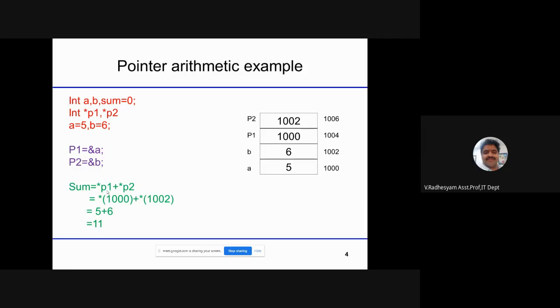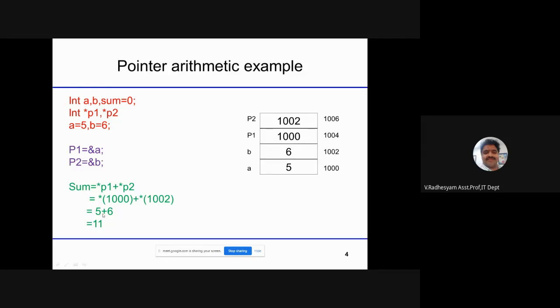Asterisk, what is a star? Value operator. Yes, good, value operator. So, star of 1000 represents the value at location 1000. So, the value at location 1000 is 5.